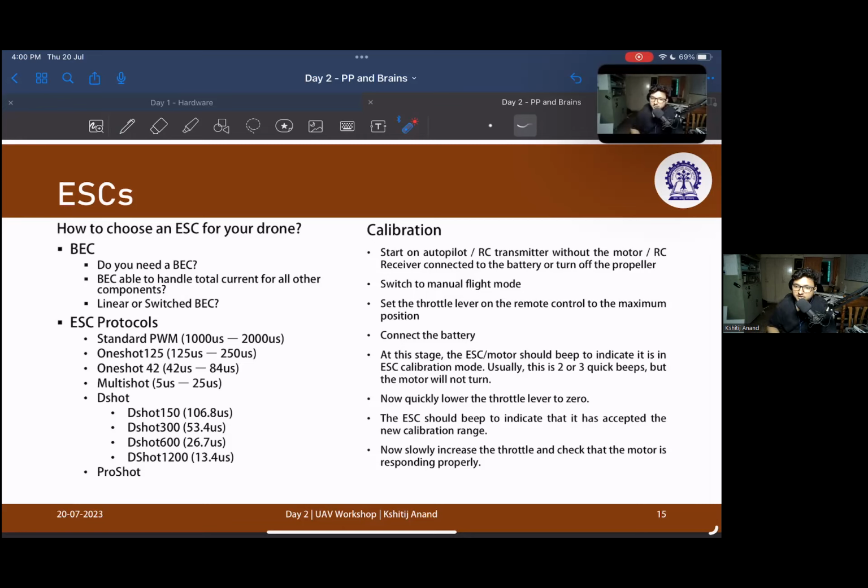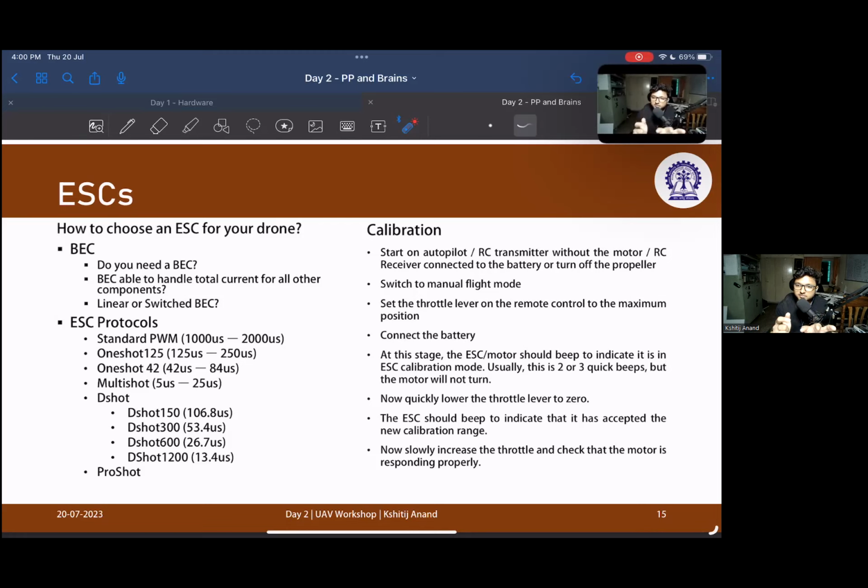How do you calibrate an ESC? I'll show you how to calibrate an ESC today in the demo itself while I'm showing you the manual control. You need to switch on your transmitter and keep your ESC switched off. The input from the transmitter going to the BLDC should be on high, full throttle, and then you connect the ESC to the battery.